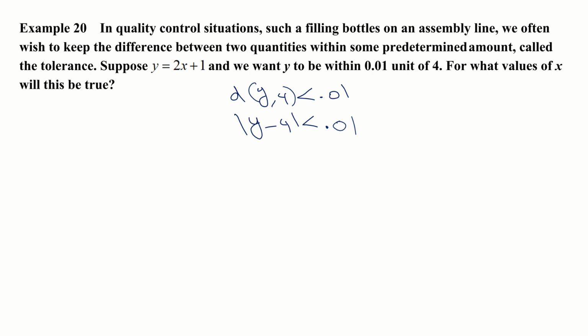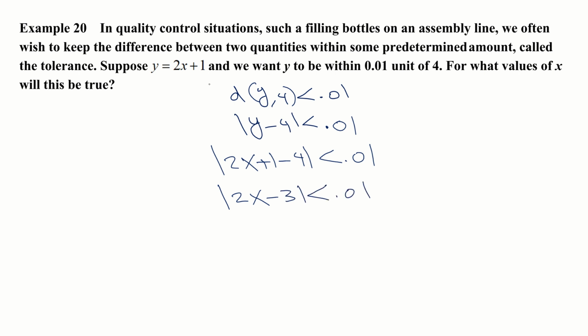So how do we solve that? We know how to solve that. But before we do, let's go ahead and substitute for what y is. y is 2x plus 1. So the absolute value of 2x plus 1 minus 4 is less than 0.01. So the absolute value of 2x minus 3 is less than 0.01.